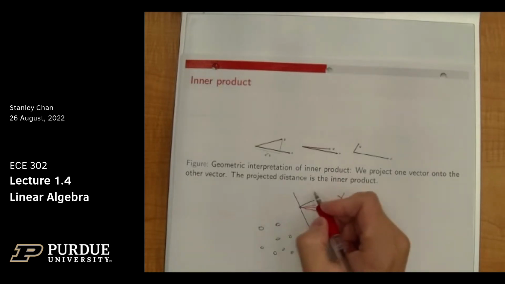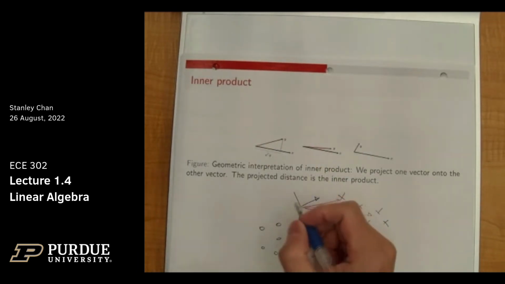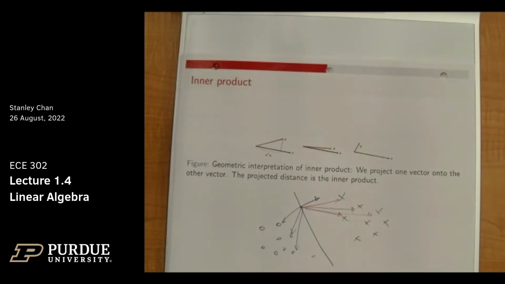Why? Because this is the normal vector of my decision boundary, and the angle will always be less than 90 degrees for everything on one side.